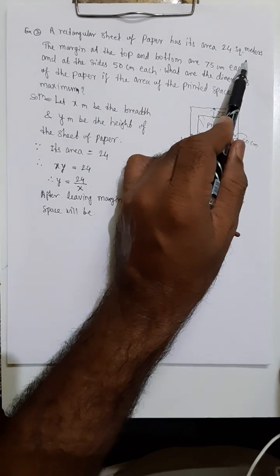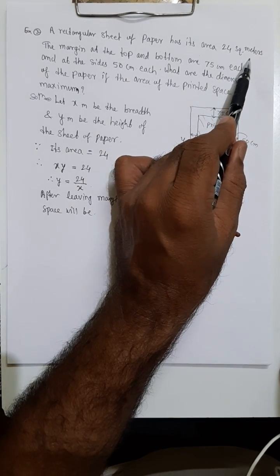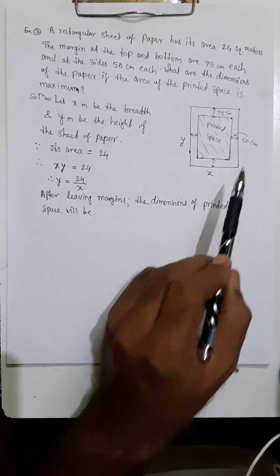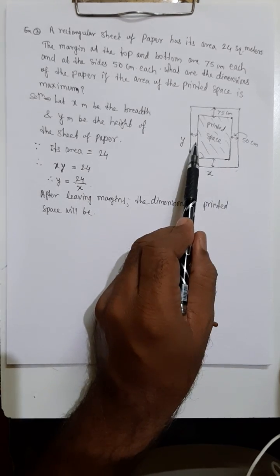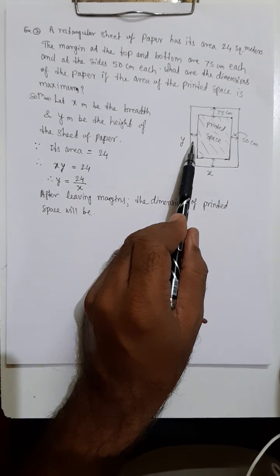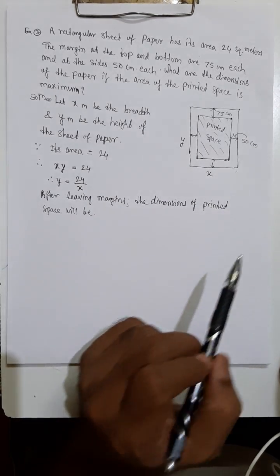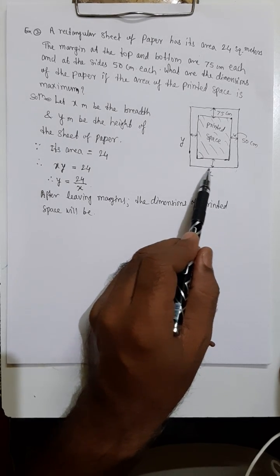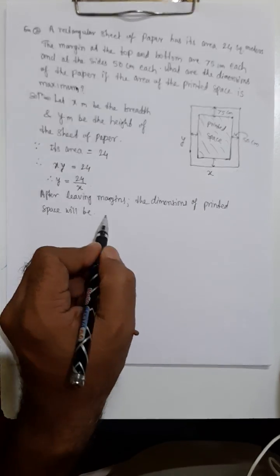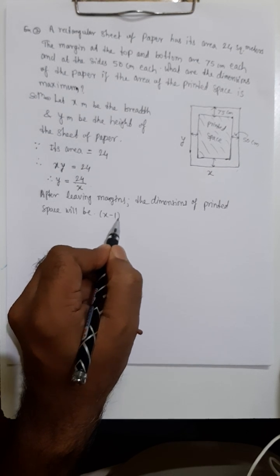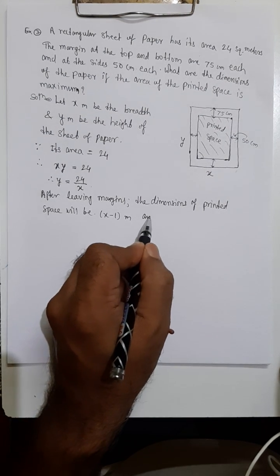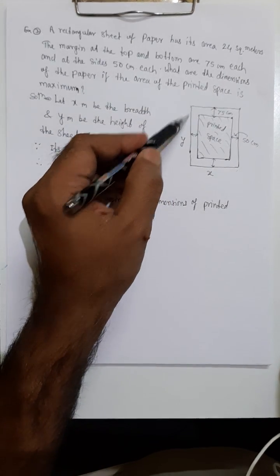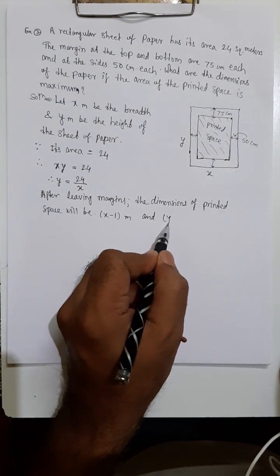Area is given in terms of square meter, see here unit in terms of meter and here given in centimeter. So 50 centimeter plus 50 centimeter, that is 100 centimeter, that means 1 meter. We subtract 1 meter from this total length x. So x minus 1 meter, and height will be y.